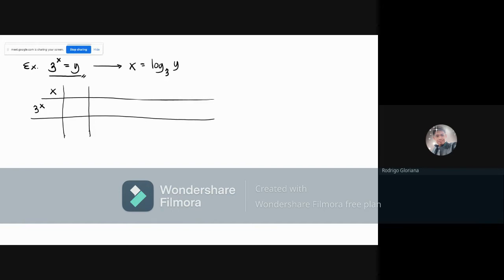In another set, let's say we have negative 3, negative 2, negative 1, 0, 1, 2. So this is now your y is equal to 3 raised to x.